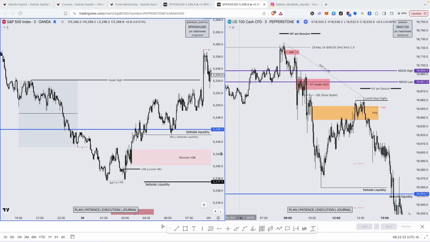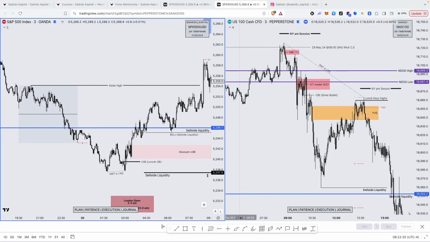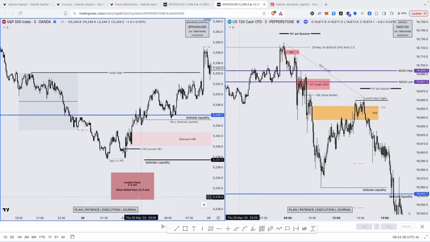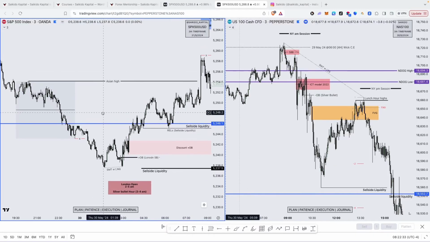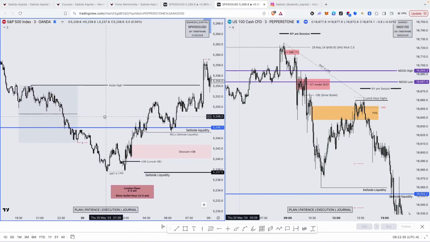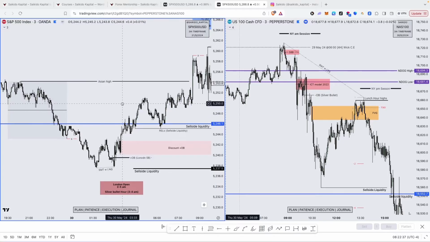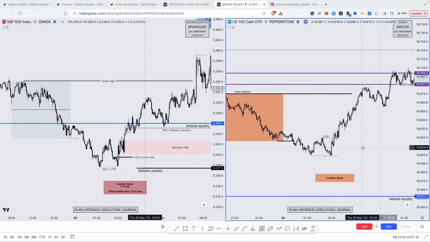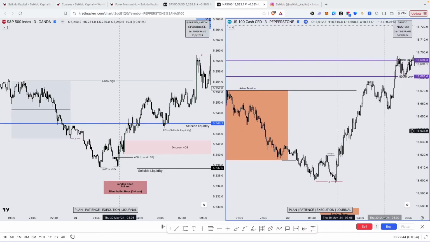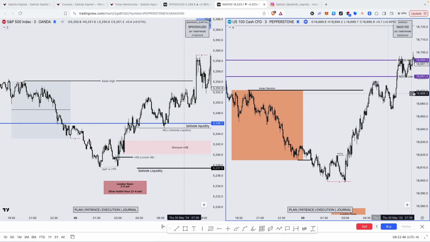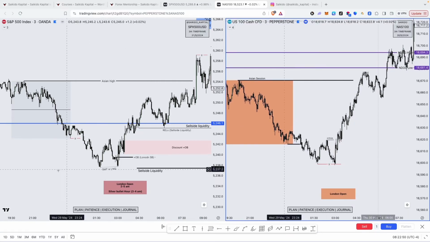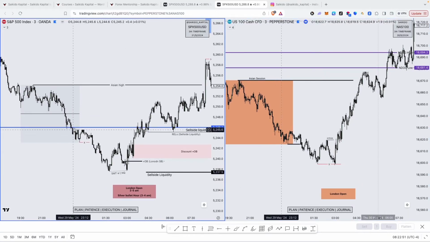I don't really trade the S&P 500, but I use it to check for SMTs so that I get an idea, like if Nasdaq really is gonna go up from where maybe. Let's say we're trading, because in this case we're trading the London session, so I'm trying to put all of them side by side. It's the same day, same session, same everything.